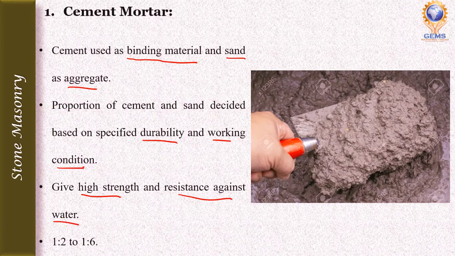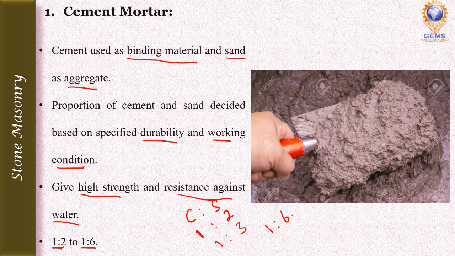The proportion of cement to sand varies from 1 to 2 to 1 to 6. If you take 1 part of cement, you have to take 2 parts of sand. If you take 1 part of cement, you can take 3 parts of sand. So the ratios will vary up to 1 to 6.